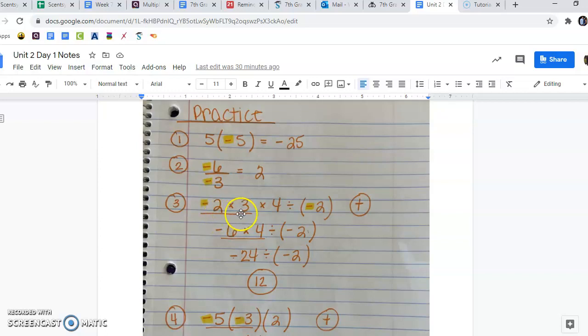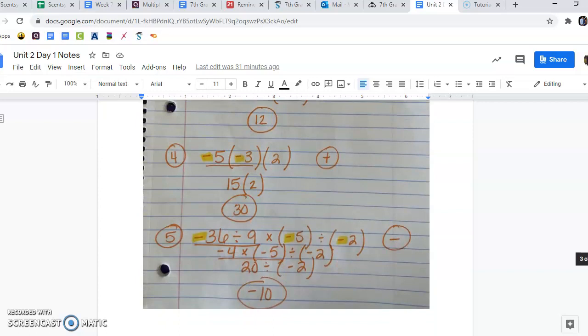So I had them underline each step that we would do. And again, we practiced the rules that we learned. Negative 2 times 3 is going to be negative 6. And then we just brought all of this down. Negative 6 times 4 would be negative 24, divided by negative 2. If we count our negatives, 1, 2, a negative divided by a negative is a positive. So 24 divided by 2 is 12.